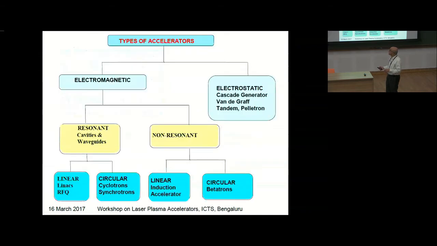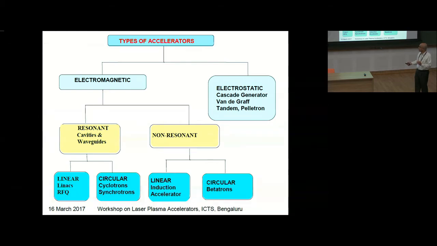With this, I just broadly classify the two types of accelerators as I just told you. The electrostatic, which are cascade generators, the Cockcroft-Walton, the Van de Graaff, which was then modified into the tandem, using the same voltage twice. The other type is the electromagnetic, where again there could be two types. One could be resonant acceleration, the other is non-resonant acceleration.